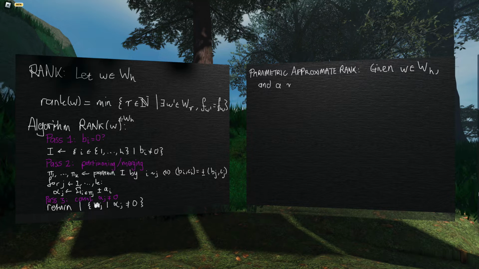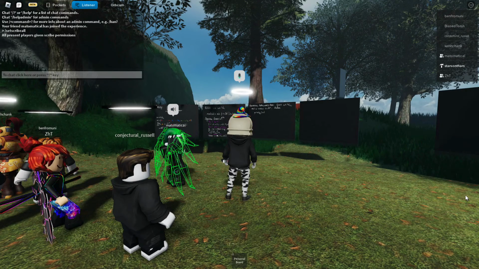A radius that I'm going to call epsilon, which is just some positive number. Define the parametric approximate rank, which I'm going to write as P rank, with epsilon as a subscript, and w is the subject of this.